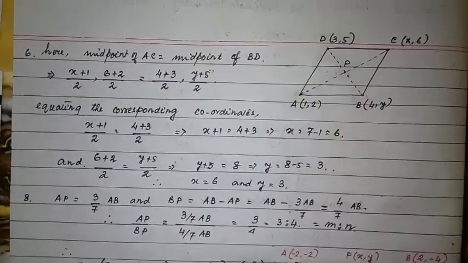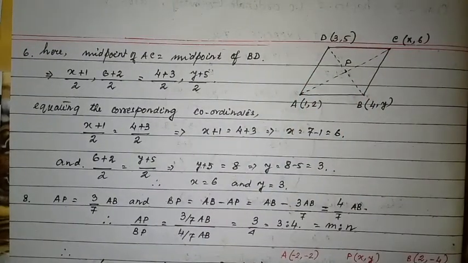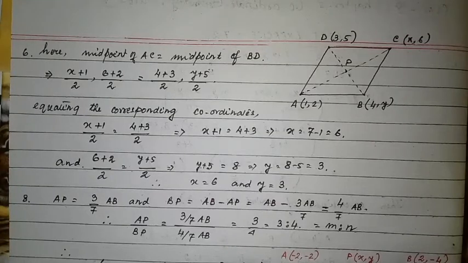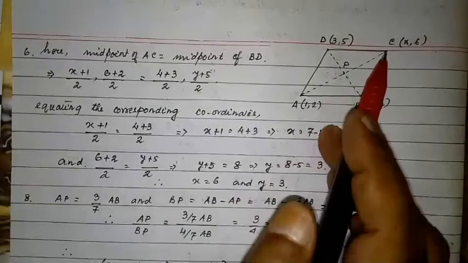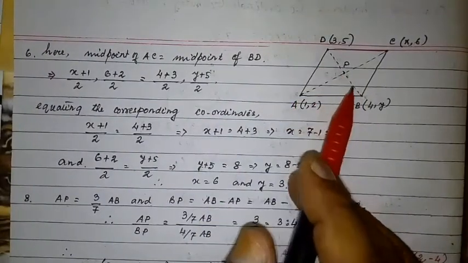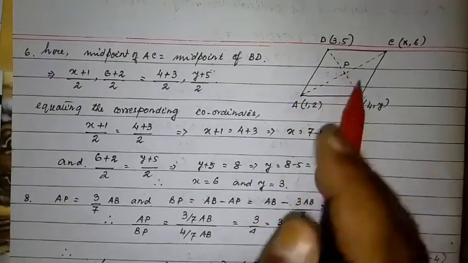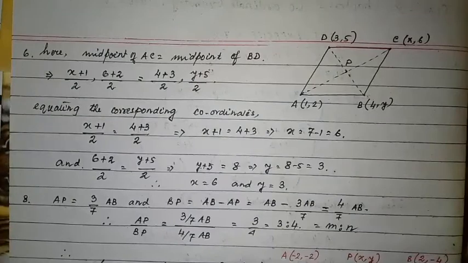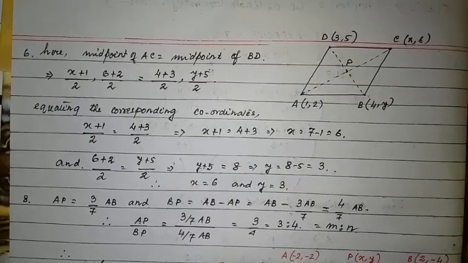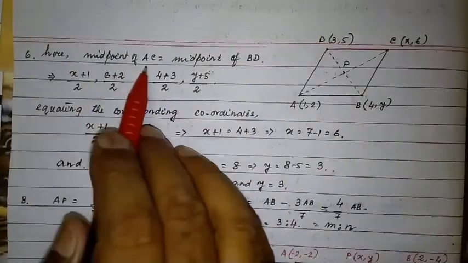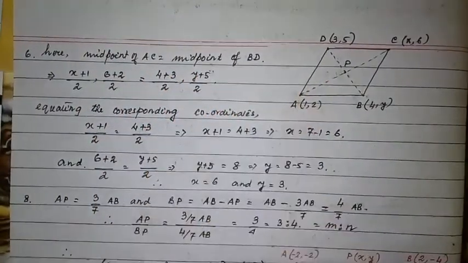AC and BD are joined. Now using the property of a parallelogram for the diagonals, that is, diagonals bisect each other at the point P. That is, P is the midpoint of AC as well as P is the midpoint of BD. So we can write that midpoint of AC is equal to midpoint of BD.